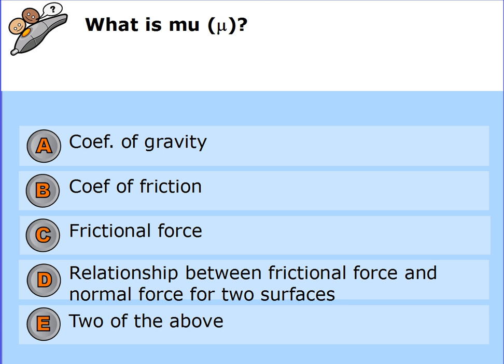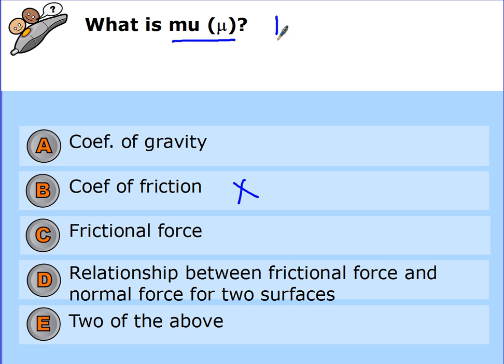Now let's go through very quickly a series of multiple choice questions. Some of these will have one answer, some will have multiple answers, some might not have any answers. What is mu? If I just give you mu, it's a coefficient of friction. It is also the relationship between the frictional force and the normal force for two surfaces.